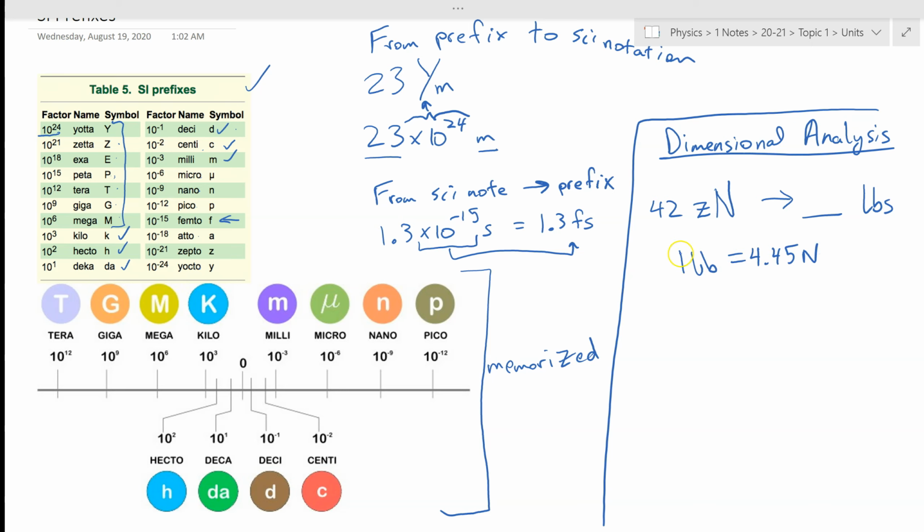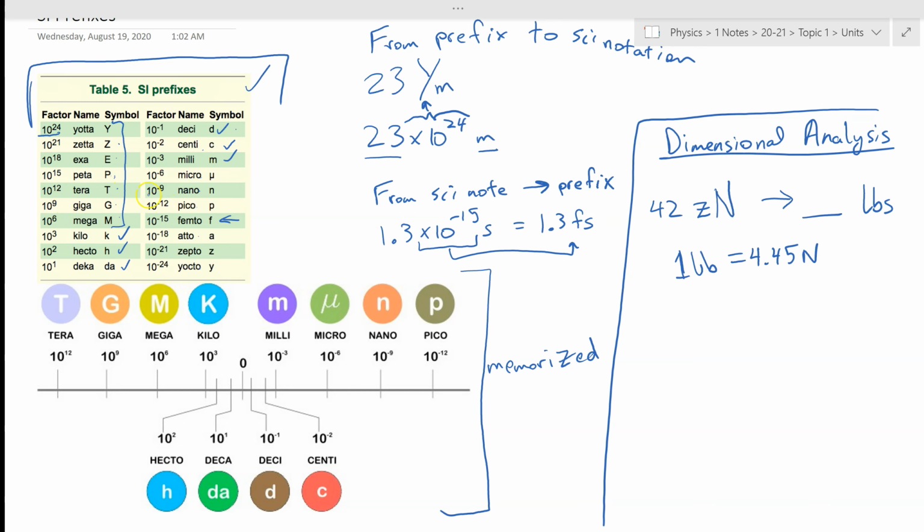And then the other thing is this conversion factor does not get you to zeptonewtons. So you need to write down a conversion factor between newtons and zeptonewtons. And the easiest way to do that is, you see the prefixes in the table over here, you will remember the power of 10 that goes with a prefix. Like micro is 10 to the negative 6. Giga is 10 to the 9.